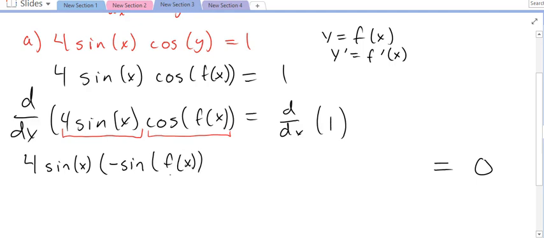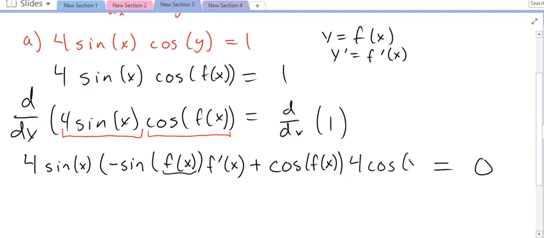But then we have to take the derivative of the inside function, so we would just denote that with f prime of x. And then for the next bit, we need to leave the second function alone, so cosine of f of x, and take the derivative with respect to x of 4 sine of x, and that's going to be 4 cosine of x.